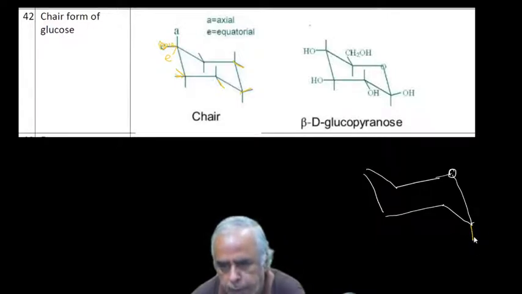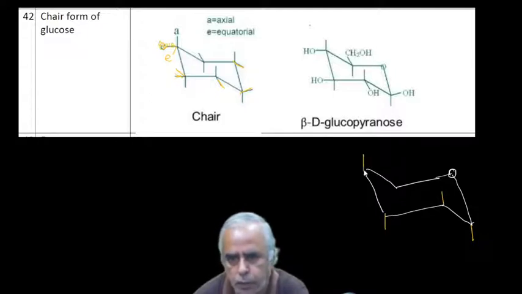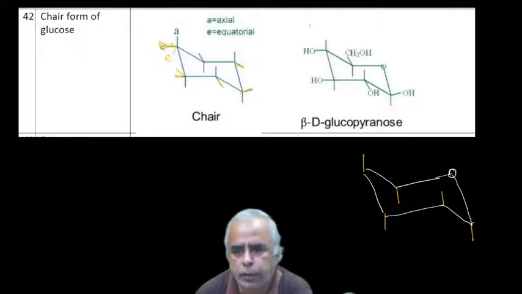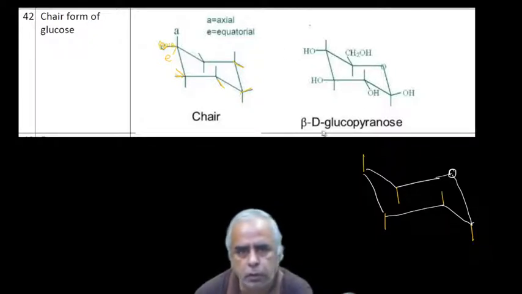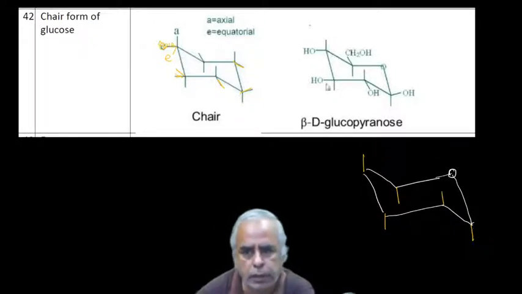Downward. Okay, then upward, downward, upward, downward. Then you can draw equatorial. So let us draw equatorial. Let me indicate by a blue line. Is the blue line visible? Otherwise I can use red.